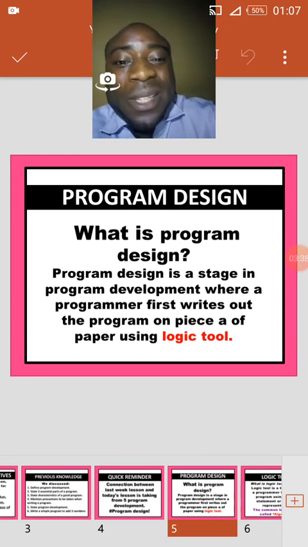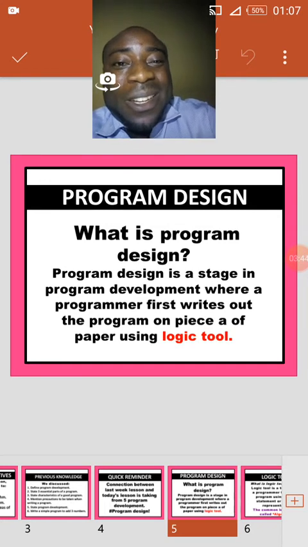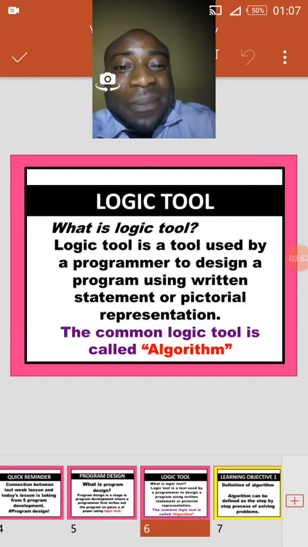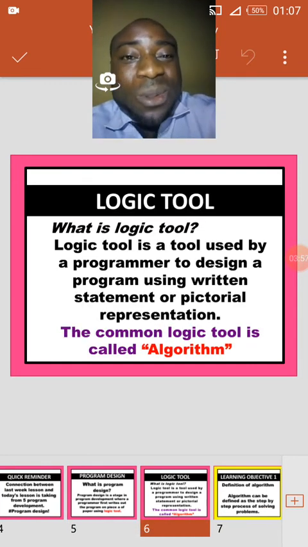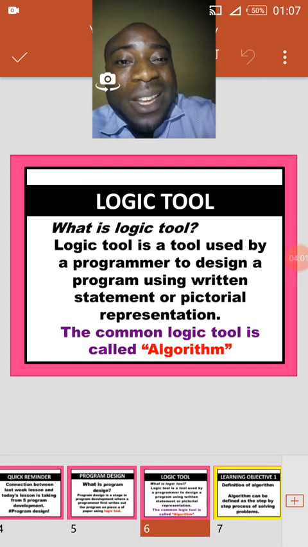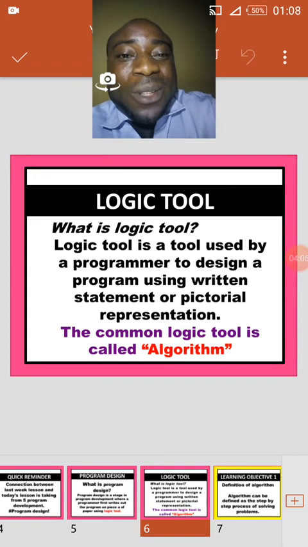Now if you look at the board, you will see that logic tool is written in red. So why? Now let's look at what a logic tool is. A logic tool is a tool used by a programmer to design a program using written statements or pictorial representation.